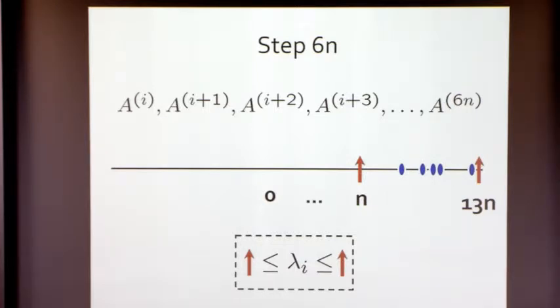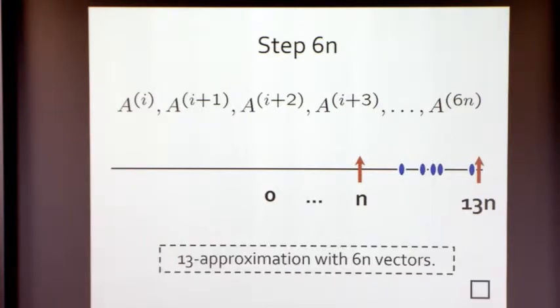So I move the upper by 2 and the lower by 1/3. And then I'm going to be done. This is my 13 approximation of 6n vectors, right? So basically, I'm just keeping track of this cloud of eigenvalues by moving these barriers forward. And this is supposed to emulate the behavior of what happens with these expected polynomials.